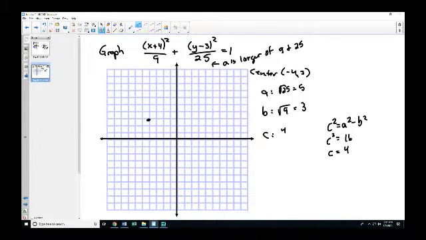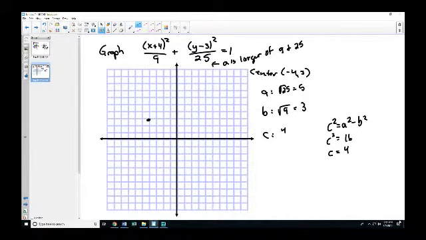Correct me if I'm wrong. Where did I get what? This is the formula that governs A, B, and C in the relationship. Okay, so take A squared is 25, B squared is 9, subtract, C squared is 16, so C is 4.